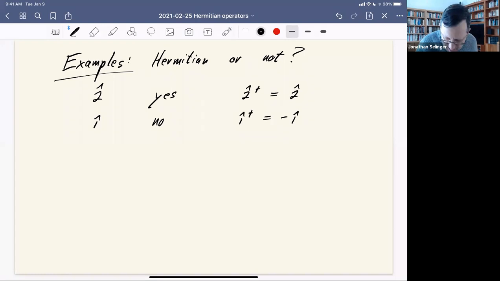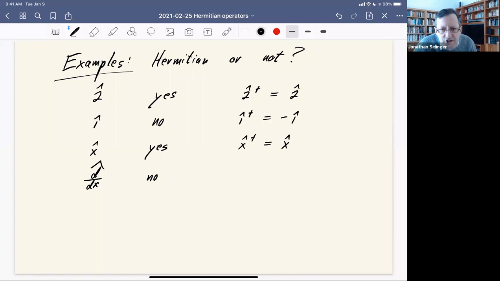And then a couple other examples. x hat we did. That is, yes, Hermitian. So x hat dagger equals x hat. And then we did d by dx hat. The last thing I showed you on Tuesday was, no, this is not Hermitian.